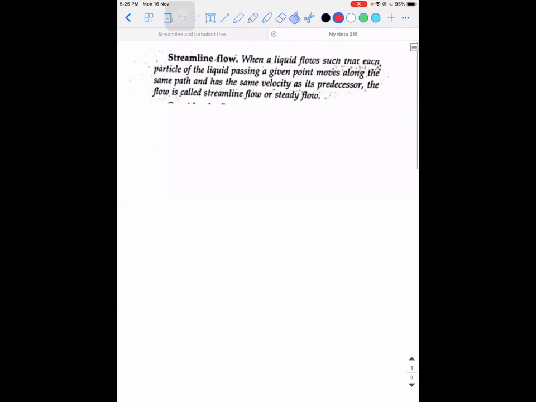When a liquid flows such that each particle of the liquid passing through a given point moves along the same path and has the same velocity as the previous particle, then that flow is called streamline or steady flow.